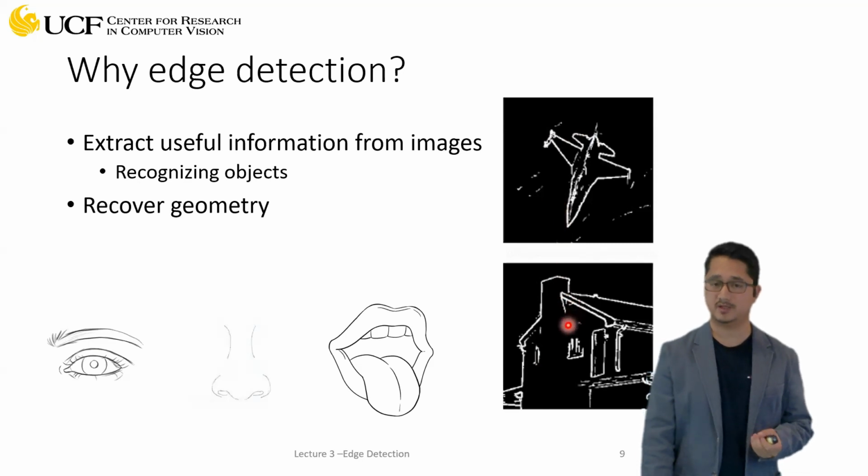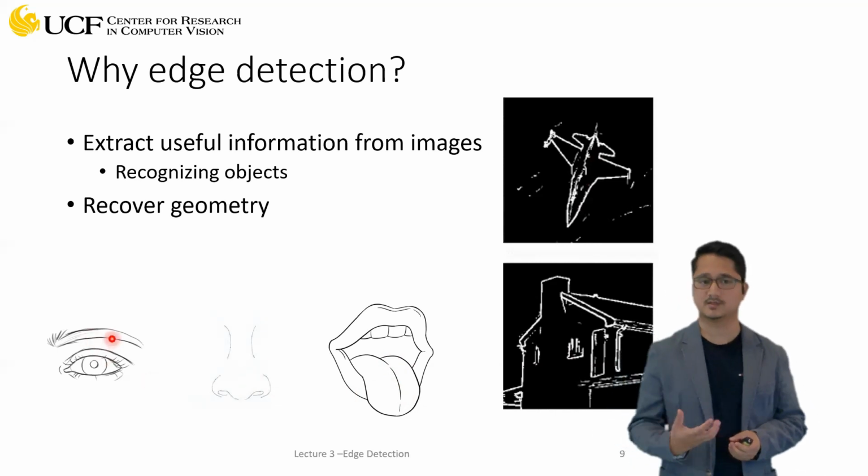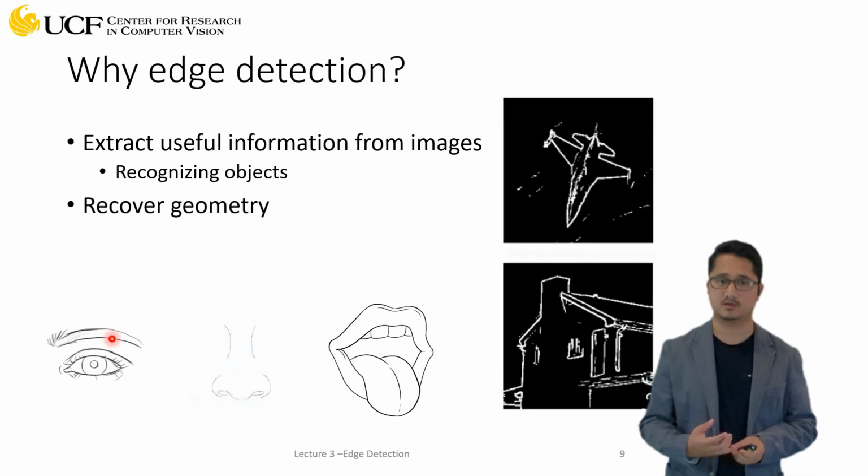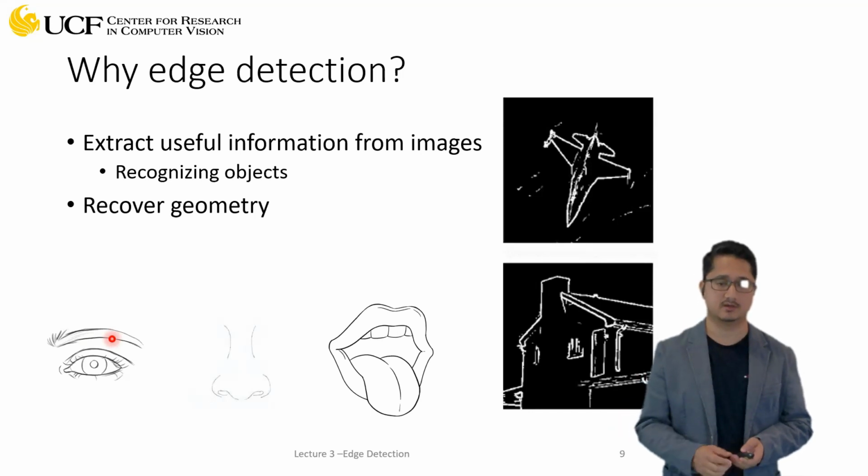You don't have any pixel values. You don't know what color we have, what kind of texture we have. It's just edges, and still, as a human, we can say that this is a plane, this is a house, and this is maybe a mouth with the tongue sticking out, a nose and an eye. Which means that edges are powerful and they can be used for a lot of different applications in computer vision without even using the color values.